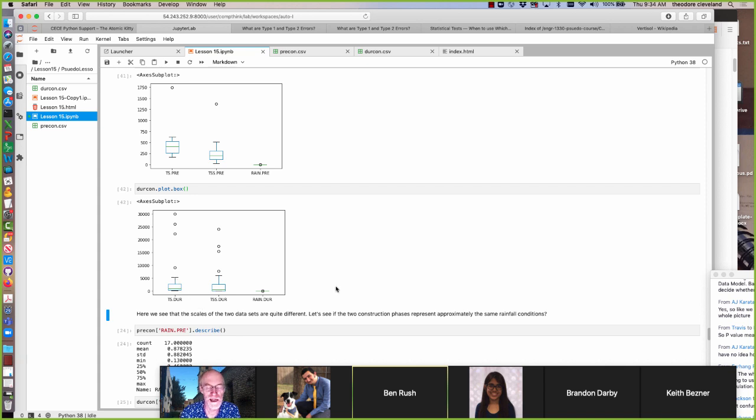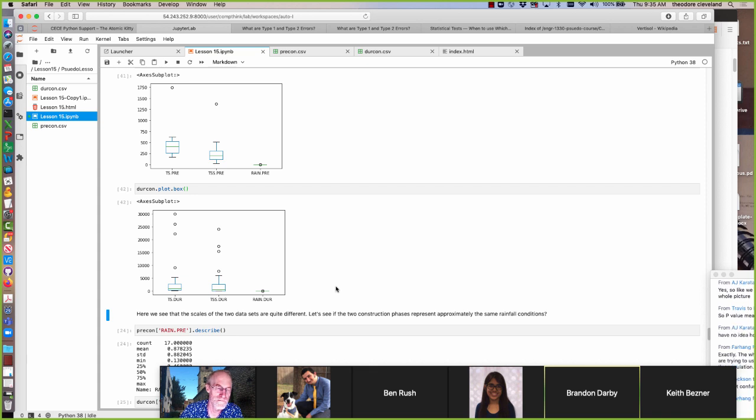Does it look like there's any asymmetry in the distributions? What was the question? Is there any evidence of asymmetric behavior? Asymmetry means that they're not bell-shaped, that they're smushed to one side or the other.